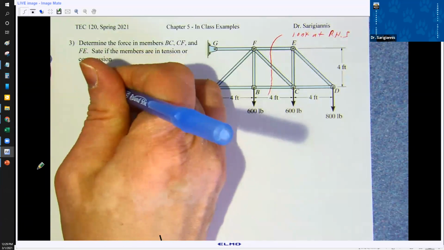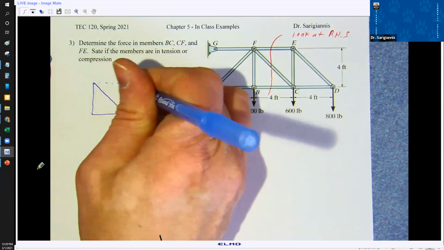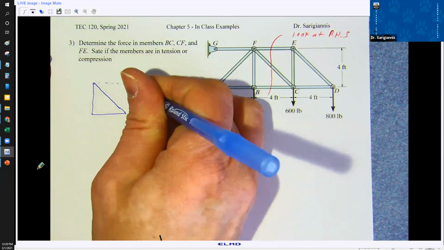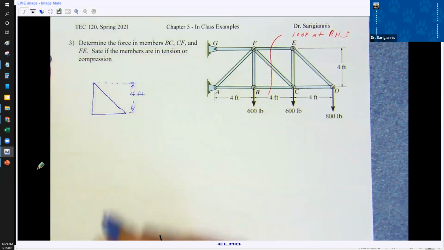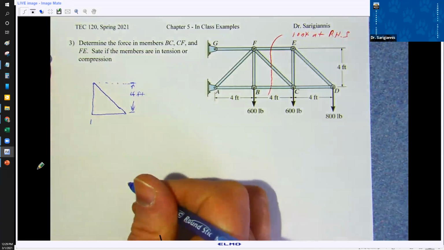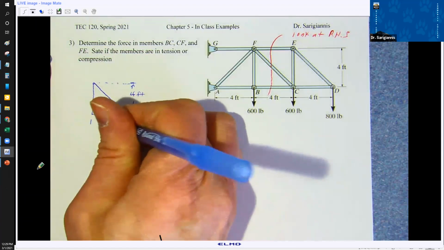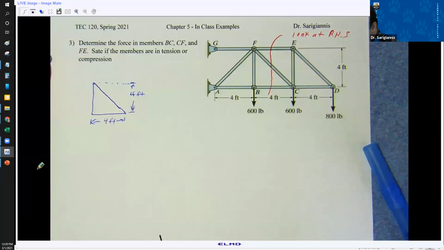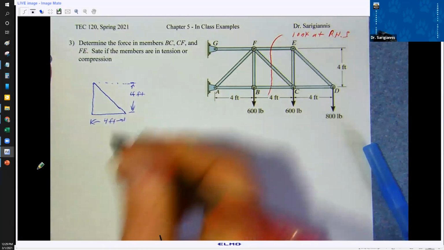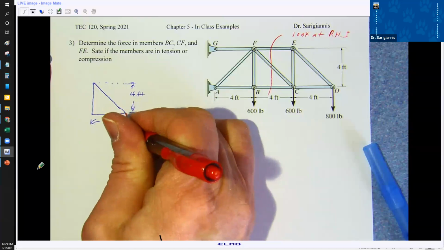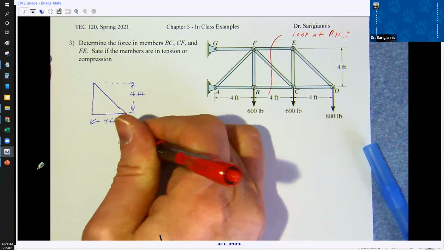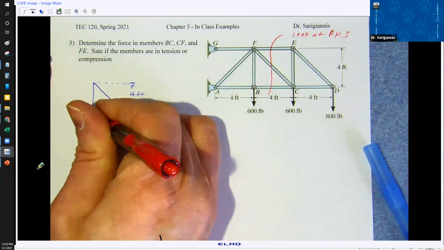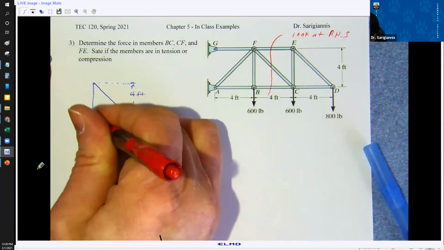This is 4 feet. And this is 4 feet. We've got our forces acting here. We've got 800 pounds acting downward. We've got 600 pounds acting down over here.